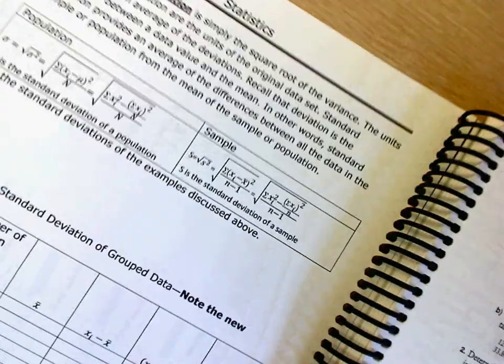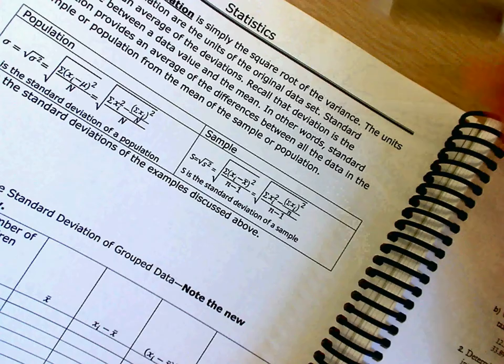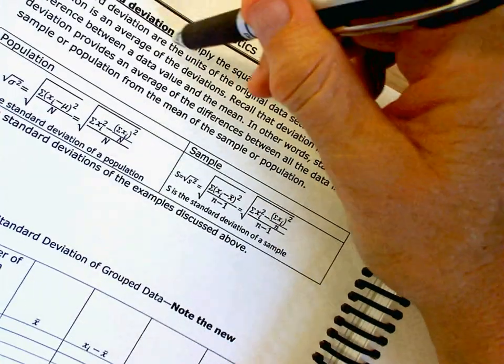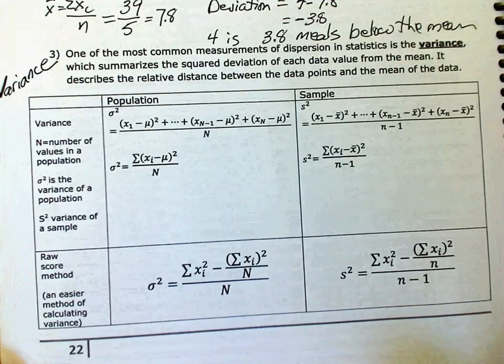We're going to use standard deviation as simply the square root of the variance. But in and of itself, I haven't seen it used anywhere.